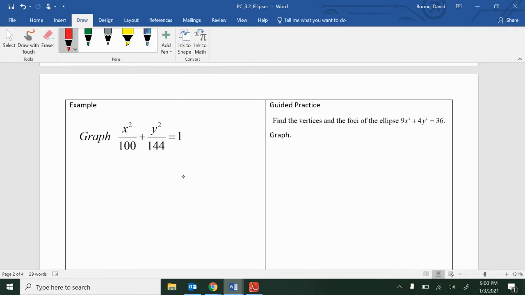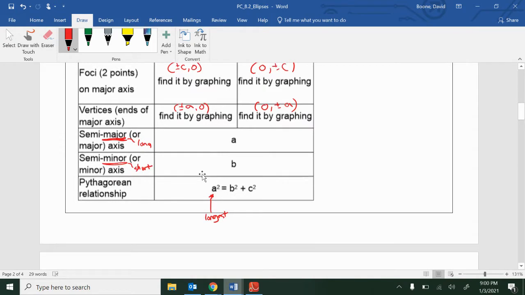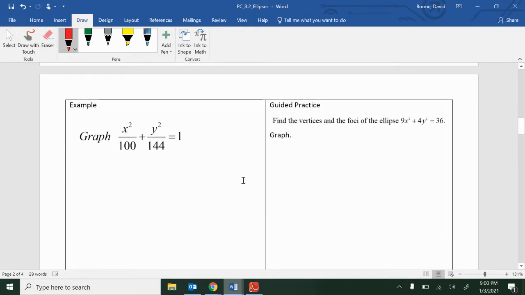So this one's bigger. So if we're looking at our general form of our equations up here, this has got to be x squared over, and this is the smaller one, so that'd be b squared, plus y squared over a squared equals 1. So that's our form of this equation.